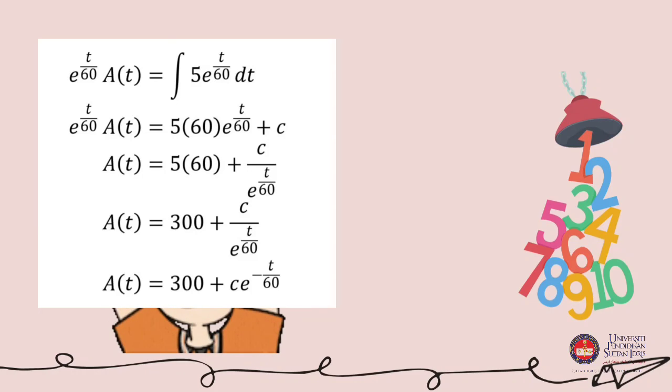Now, to let A(t) be the subject of the equation, we divide by e to the power of t over 60 on both sides. Then we will get A(t) on the left hand side and 300 plus c e to the power of negative t over 60.